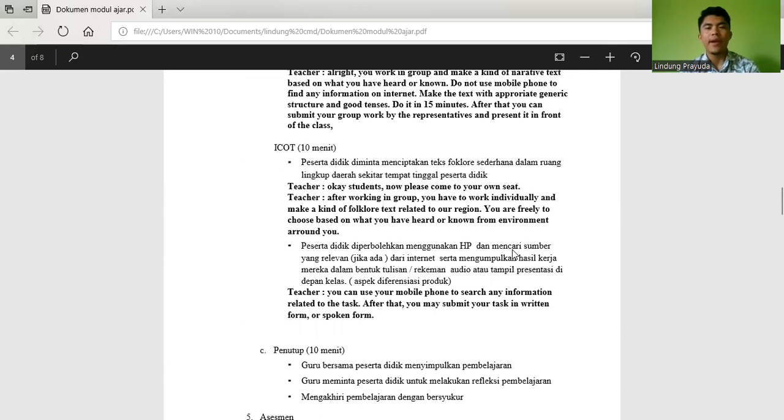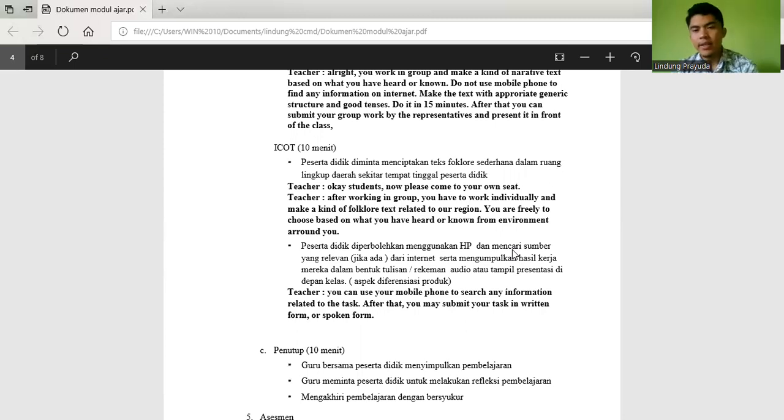After they create a narrative text, a folklore, individually, they are allowed to submit their work in three kinds of forms: written form, presentation, or audio.